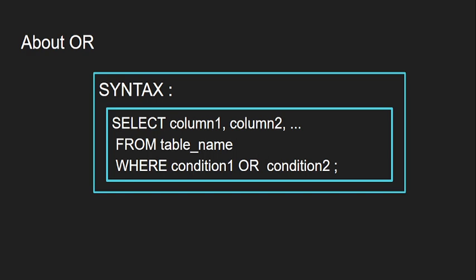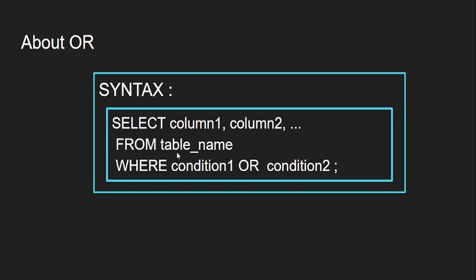If we talk about the OR operator, it is used to retrieve the data again on specific conditions, but here it says I will retrieve the record if either one of the conditions matches or both conditions match. Again the top two lines of the syntax are the same. SELECT, write down the names of the columns or the asterisk sign, depending on your requirements.